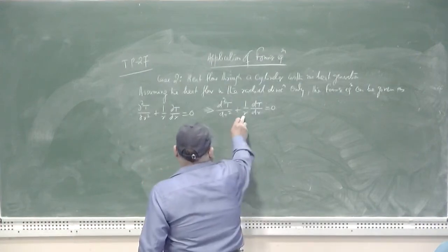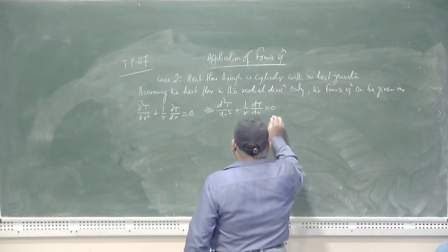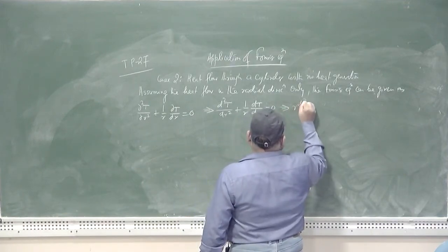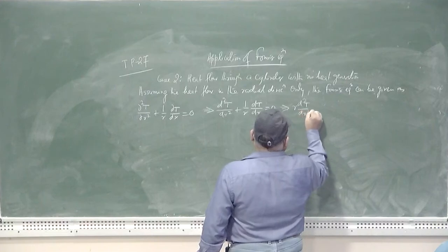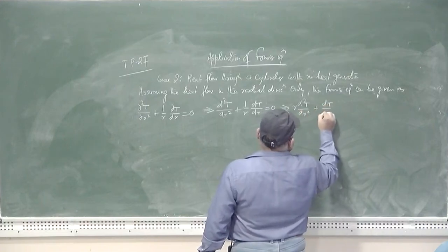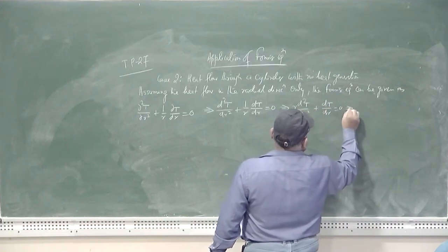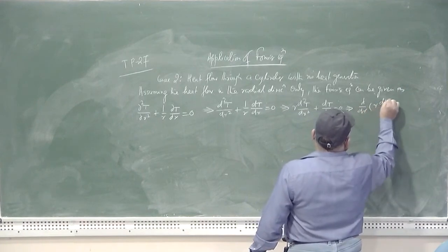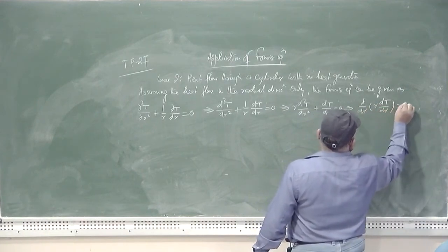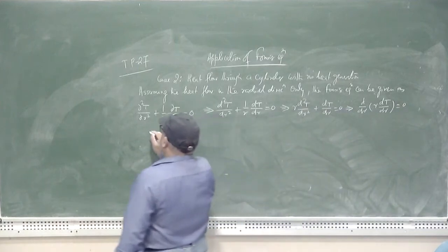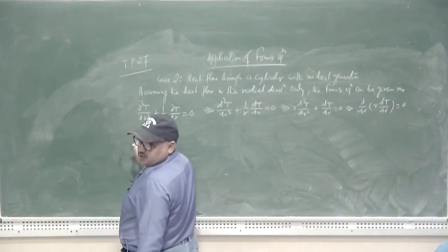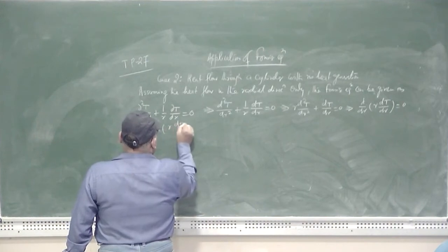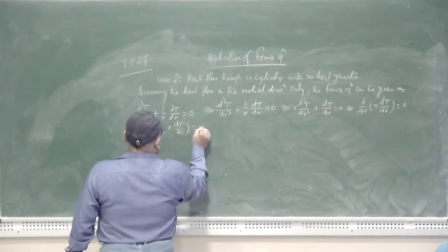So d2T by dr2 plus 1 by r dT by dr is equal to 0. Multiplying the whole expression by r, r d2T by dr2 plus dT by dr is equal to 0, or we can say d by dr of r dT by dr should be equal to 0.